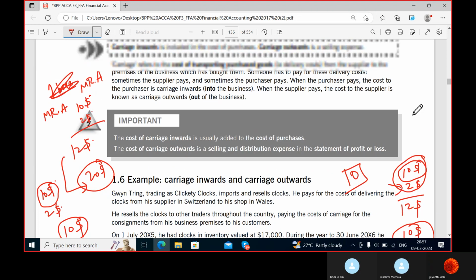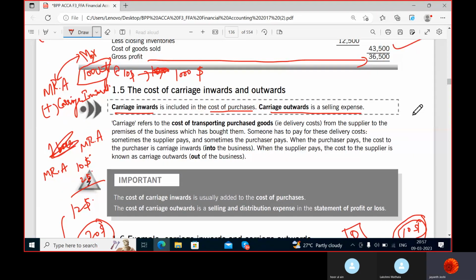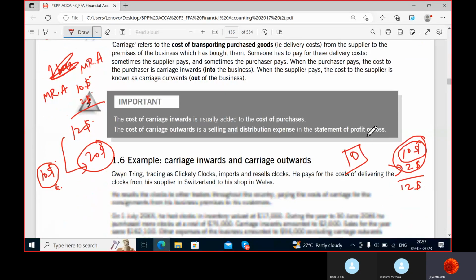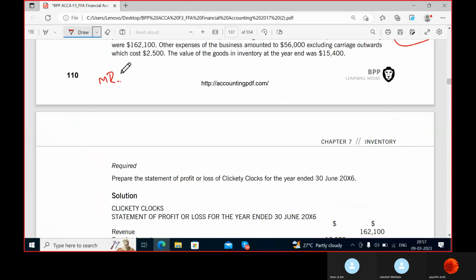Yes. So now the second point, carriage outwards is a selling expense. Of course. Now this is Mr. A, and Mr. X, the wholesaler. So Mr. A has bought one box from Mr. X, and this box is with Mr. A in his godown.